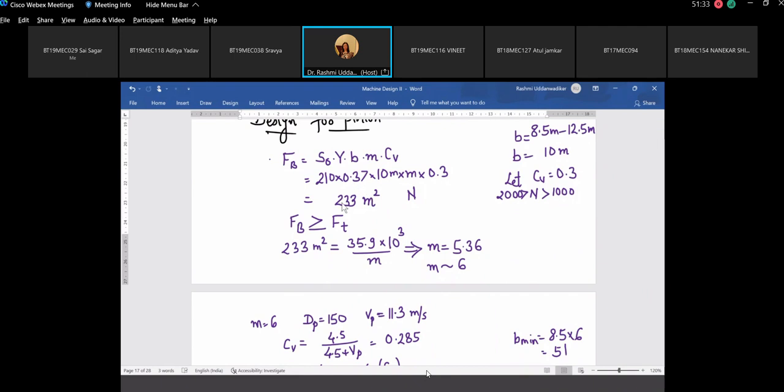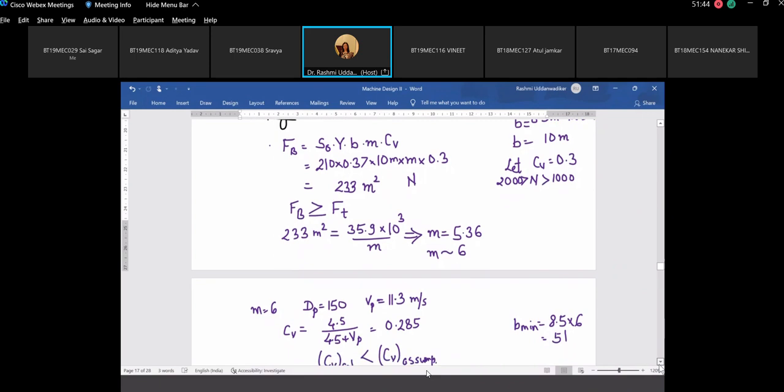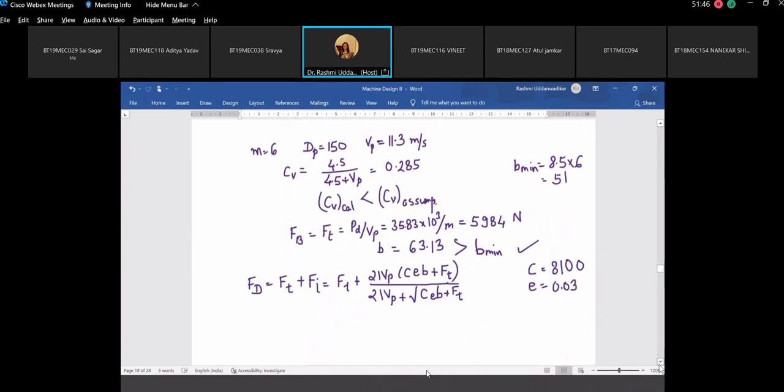And so we don't rely on this value of FB, but we rely on this value of FT, and we recalculate FB as whatever is this value of FT. And from here, we'll calculate what is FB. So now your B will change.